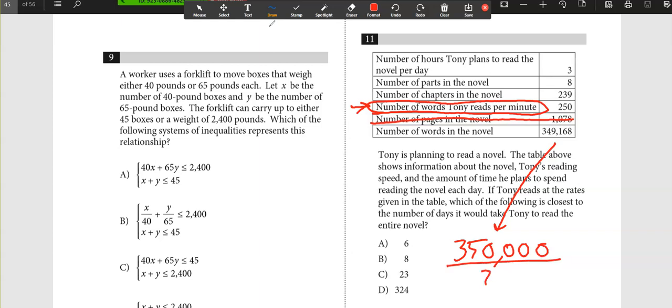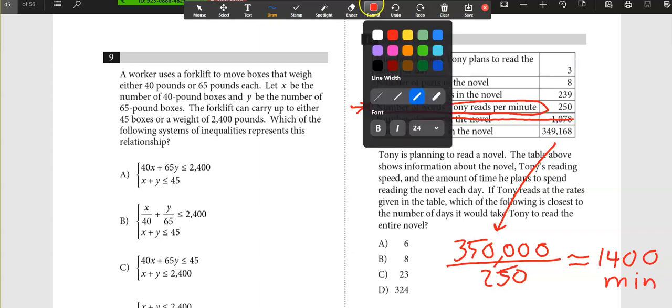Let's just make it nice because they were generous to us. They made Tony's words per minute 250. And when you do that, we know that it's not exactly 1,400, but it's close to 1,400. Okay, now that's the number of minutes that it's going to take him to read this book, approximately.